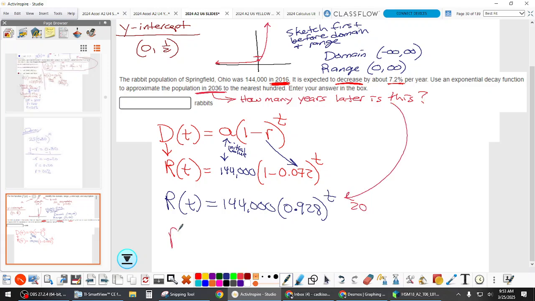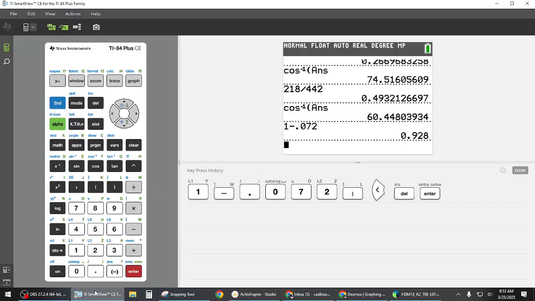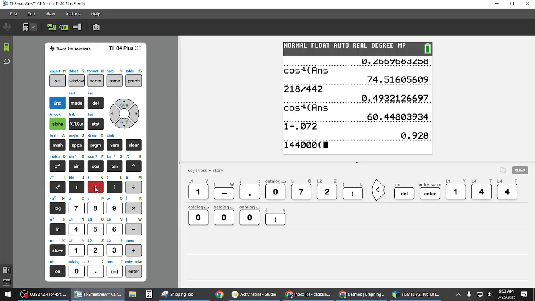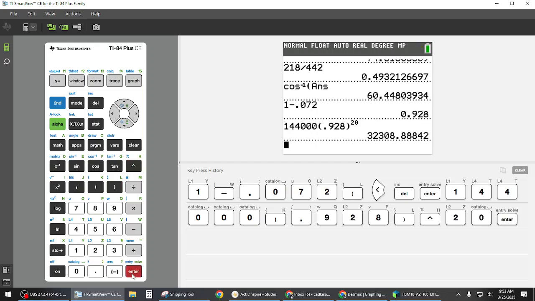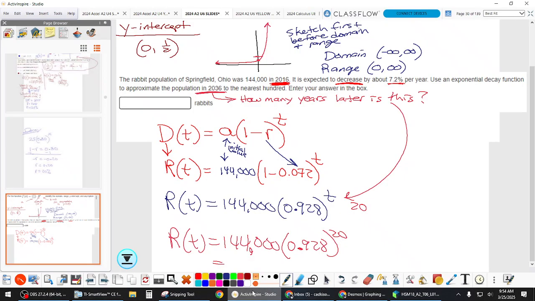So our final calculating function looks like that with the 20. So now we need 0.928 to the 20. And we get 32,308.309 if we round.